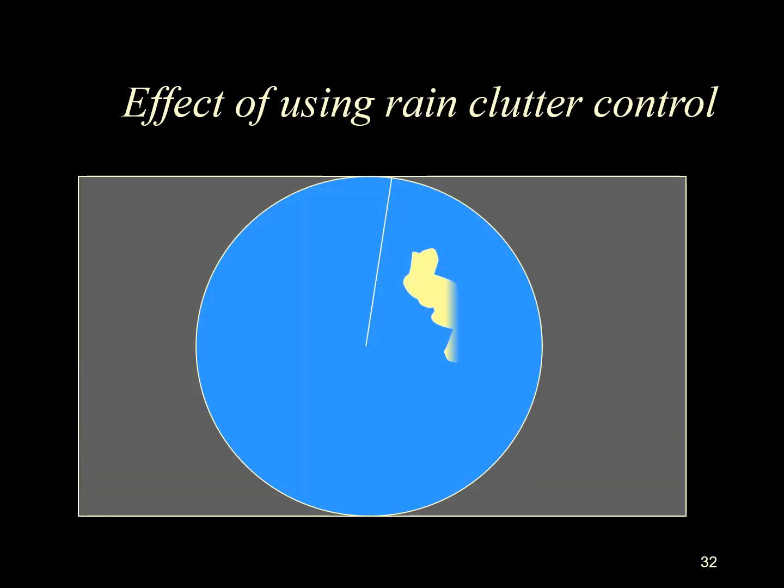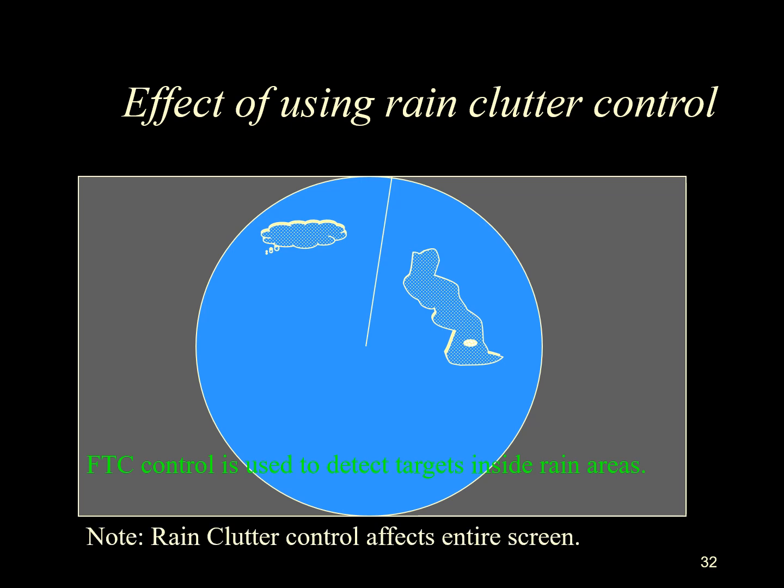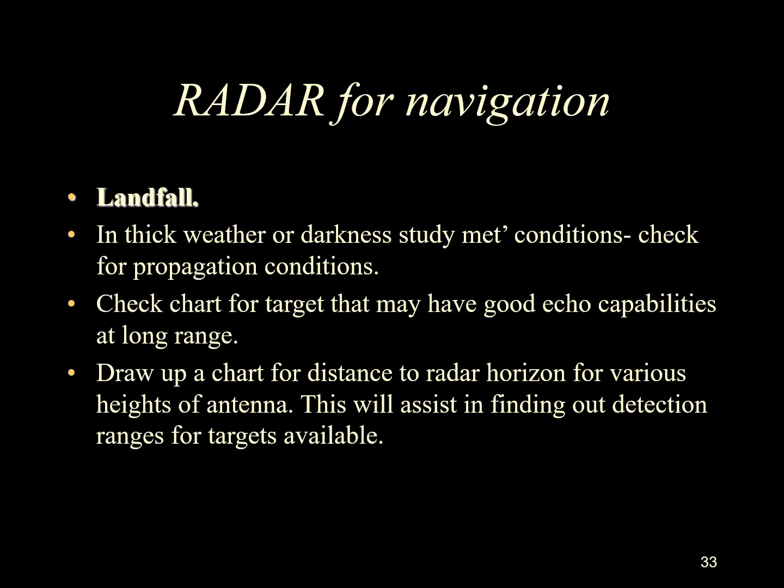Go to long pulse to search for targets beyond the rain. In terms of the sensitivity time control, or STC control rather, it is only effective if rain is in the area of the antenna and if searching for targets in precipitation. The rain clutter control is used for searching for targets in rain showers and is not effective in heavy rain.